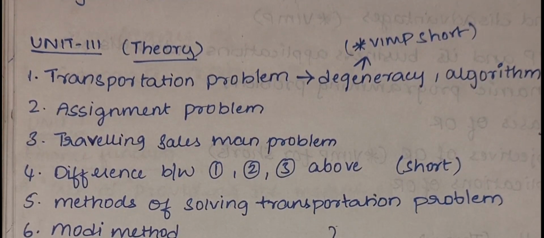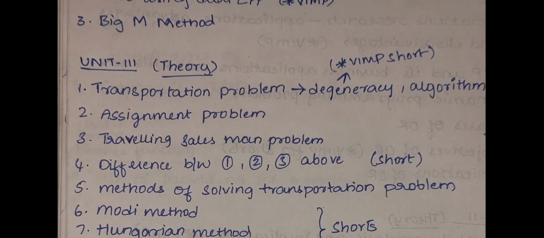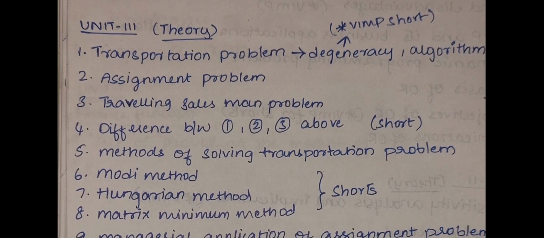And then comes chapter 3, where we have the theory questions: transportation problem, wherein degeneracy is the most important question, and then the algorithm. Next are assignment problems and the traveling salesman problem. You have to distinguish these three from each other, so you have to identify the differences between them, which is our fourth question.